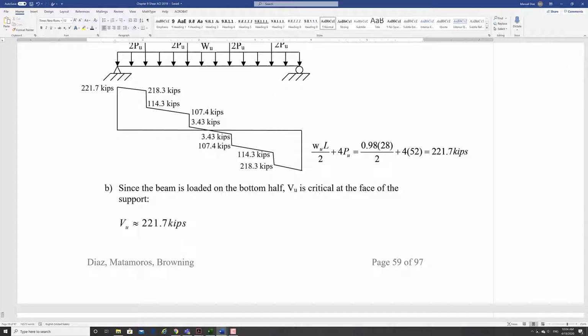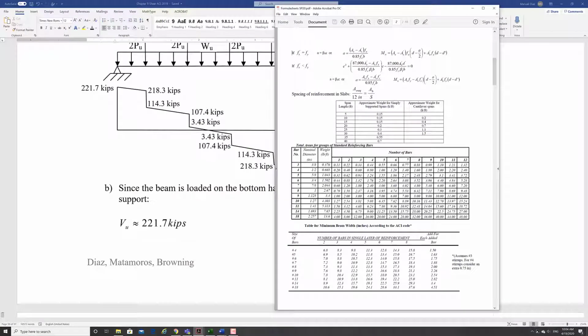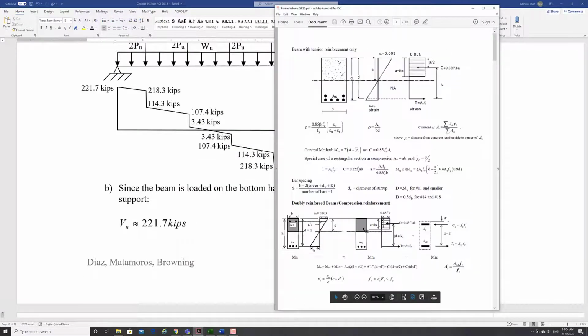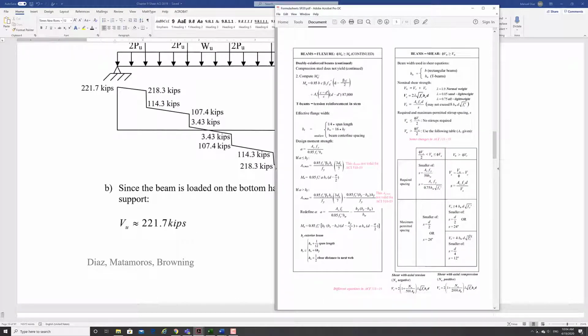So let me see if I have the design aids here. Yes, I have design aids. So we started here because we were greater than 4 but less than 8.